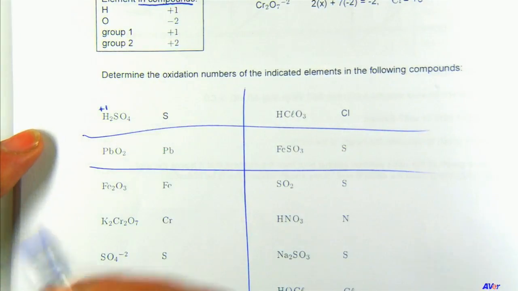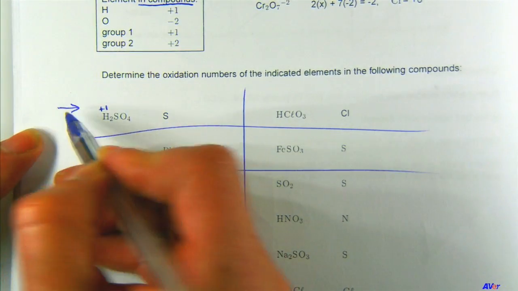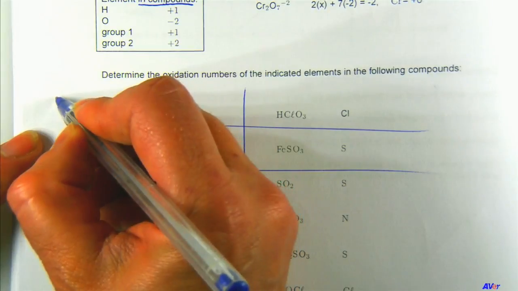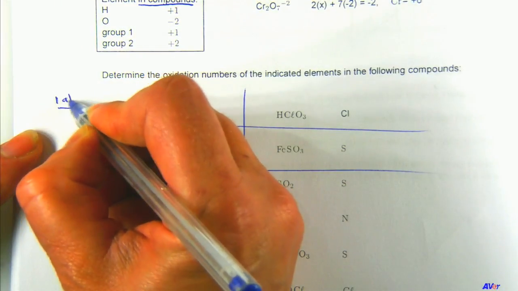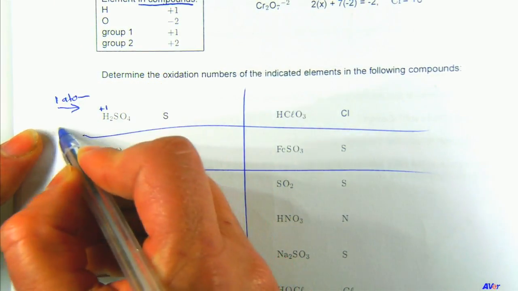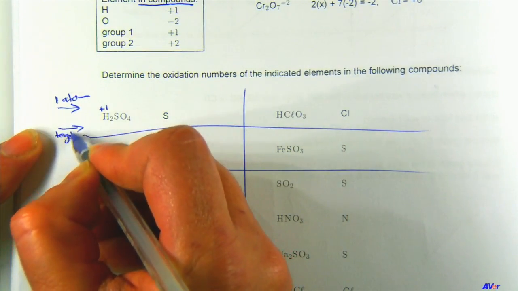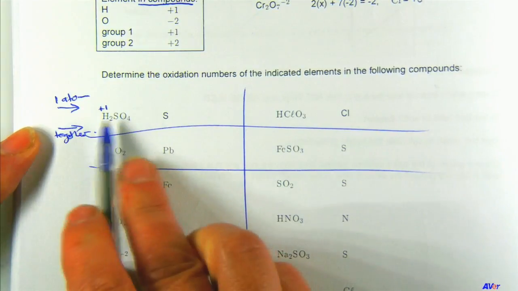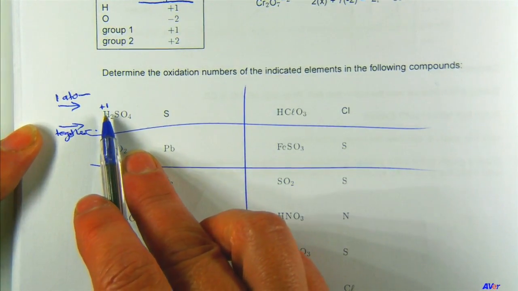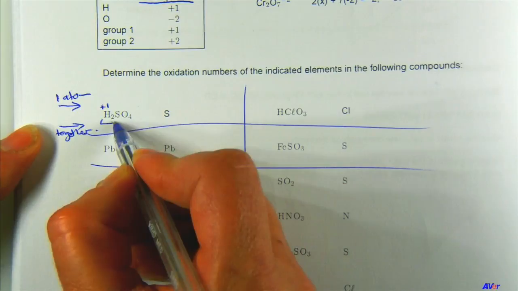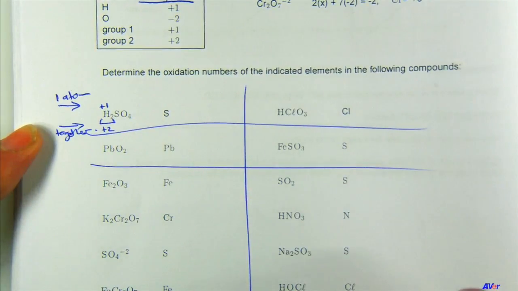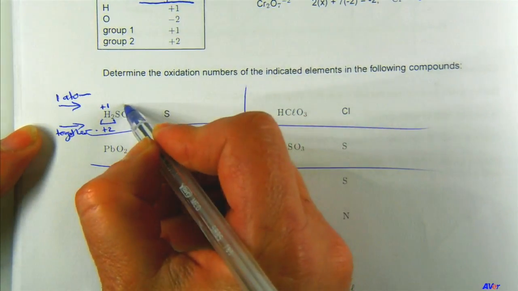And now I want to ask you, at the top, write what is the oxidation number for one atom, and at the bottom below that we're going to say what are they together. Right. So one hydrogen is a +1. Together that will be +2. Every oxygen is a -2.